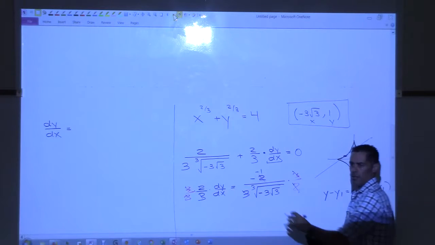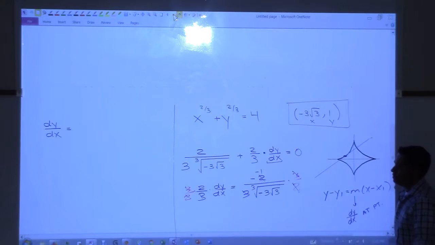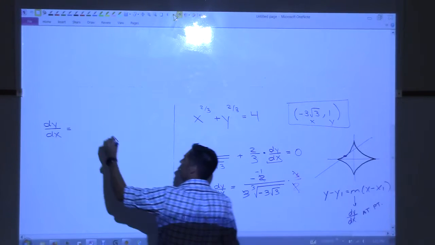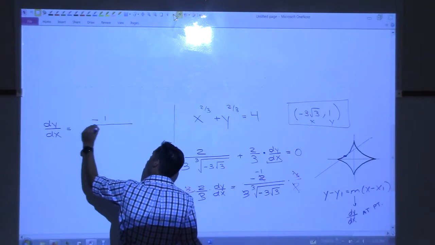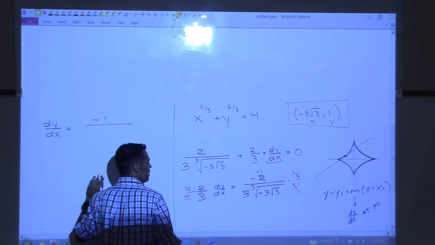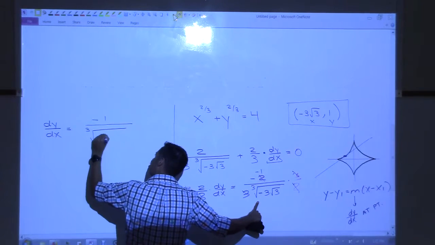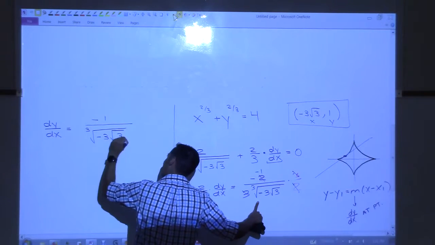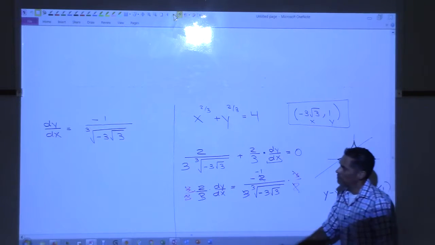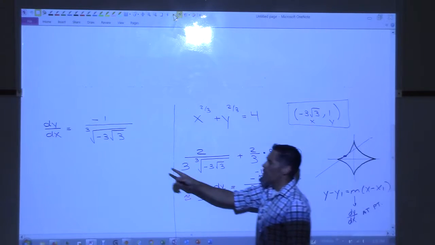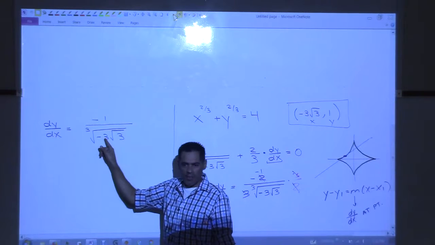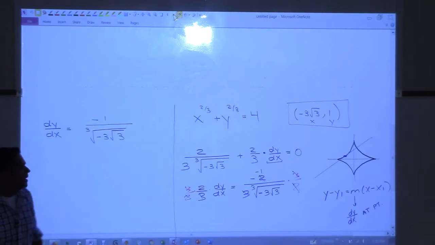That's going to become -1. So my right side should be -1 over what? Cube root of -3 square root of 3, right? Is it possible to take a cube root of a negative number? Yes. Yes, you just can't do a square root. So that's it right there, right?